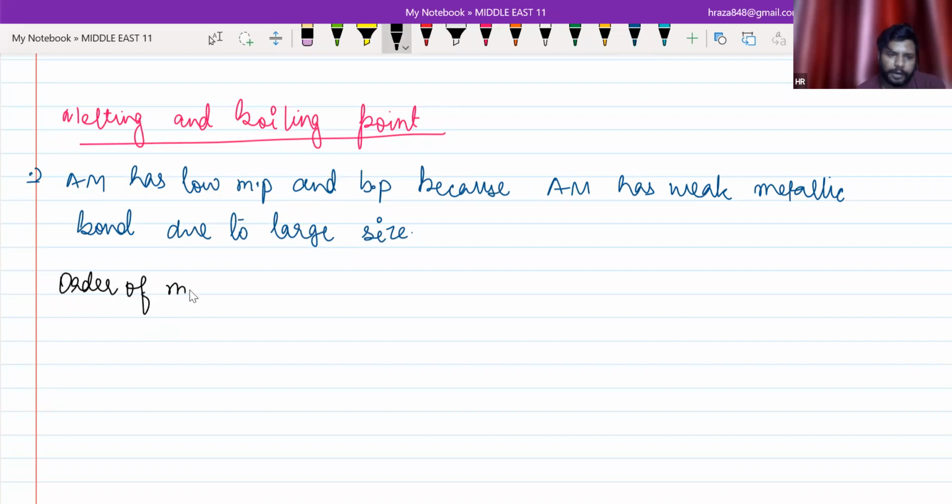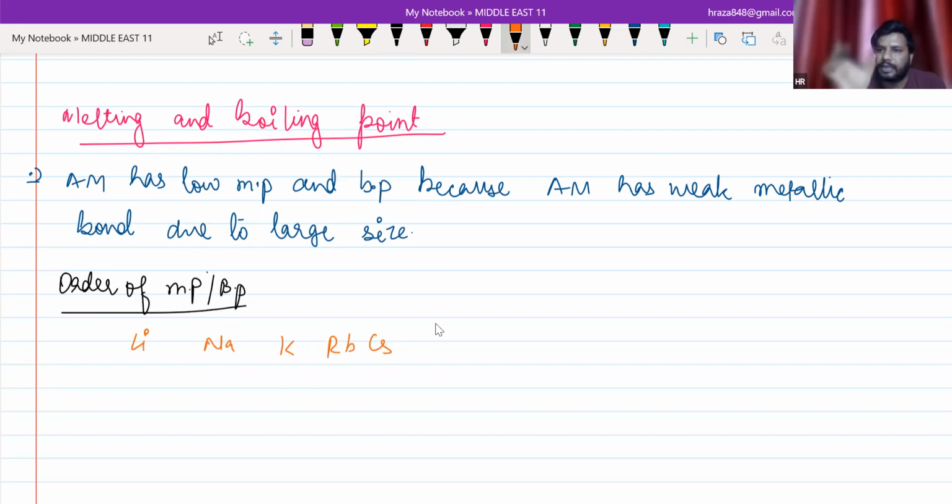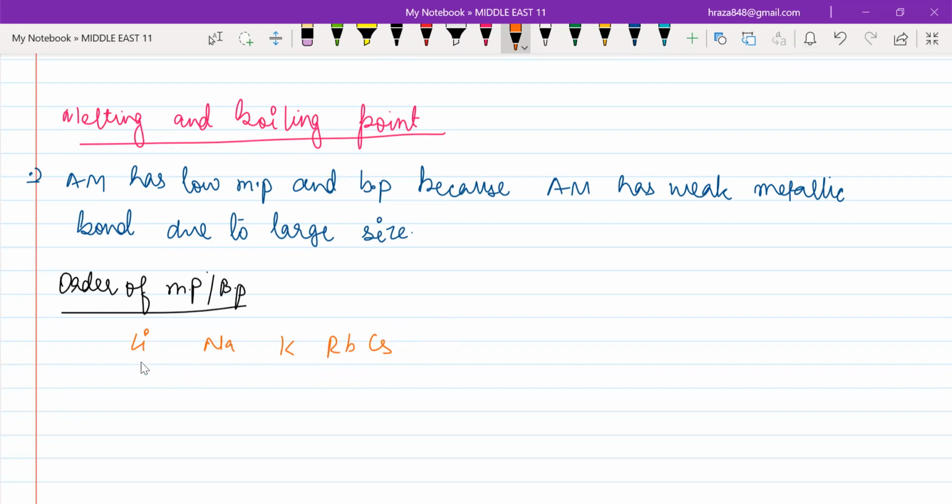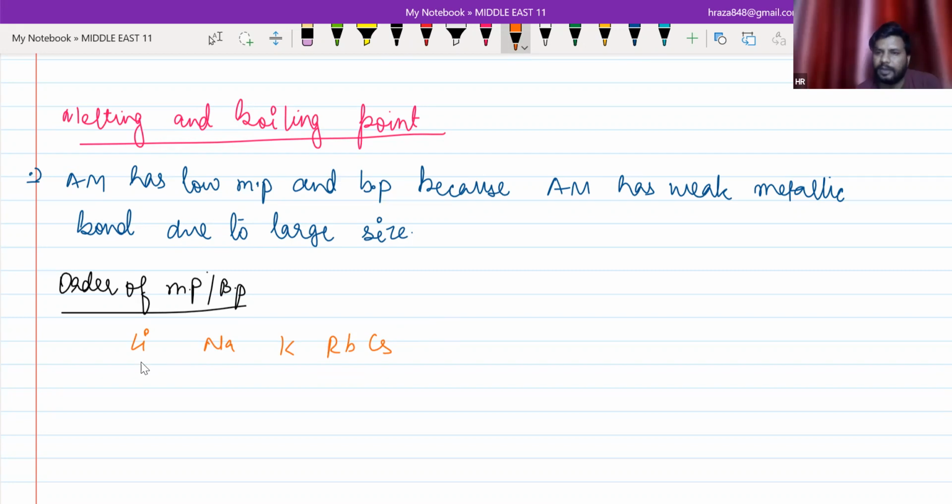Order of melting point or boiling point, both, in the first group elements: lithium, sodium, potassium, rubidium, cesium. You know that if bond length increases, bond strength will decrease, or not? Yes, sir. Lithium has a smaller size, so it will have lesser bond length. With the lesser bond length, a stronger metallic bond will be there. So it will be in this order. Is that clear?